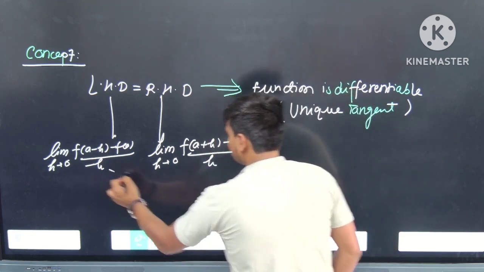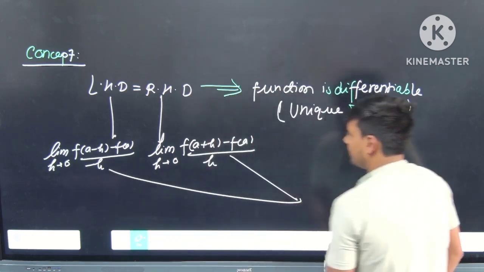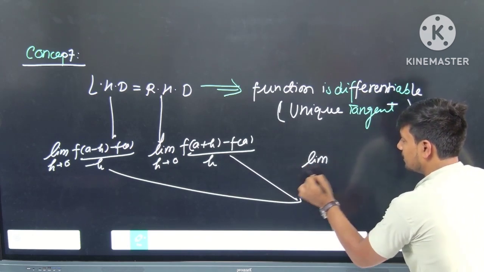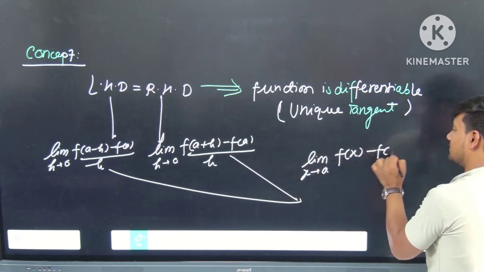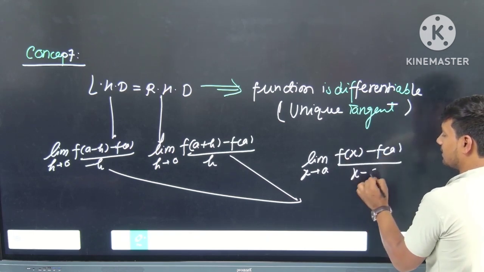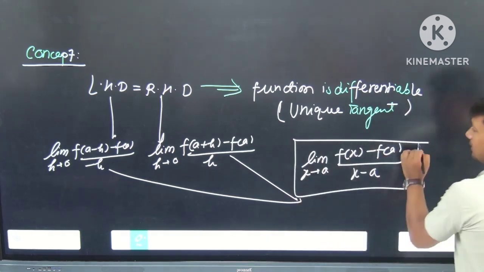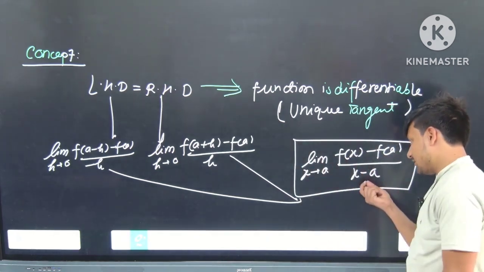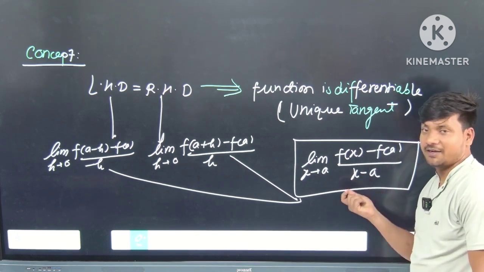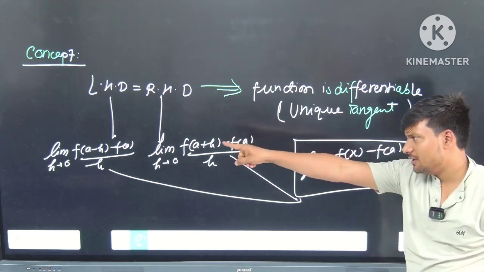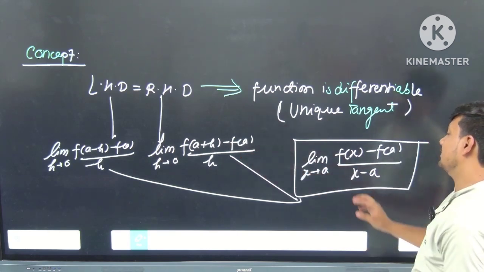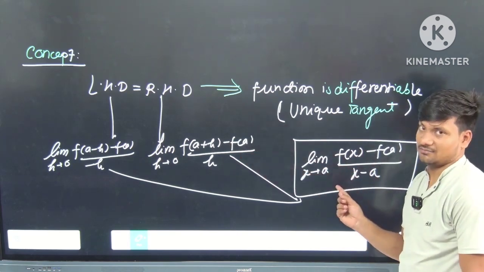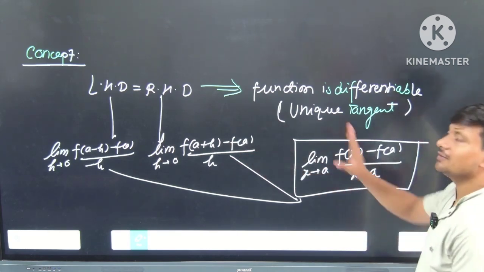And if we see, both limits are associated with a single limit, that is limit x goes to a, (f(x) minus f(a)) upon (x minus a). So this limit should exist for differentiability, and for this, that will be the left hand limit and the right hand limit. If you can see that this limit directly exists, then the function will be differentiable.